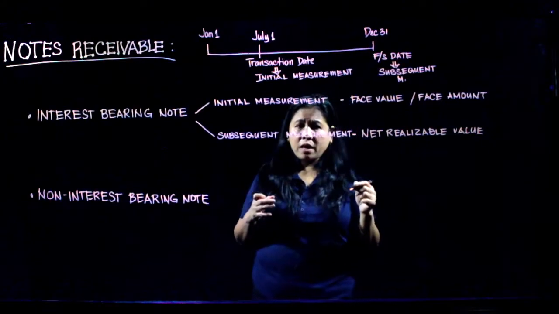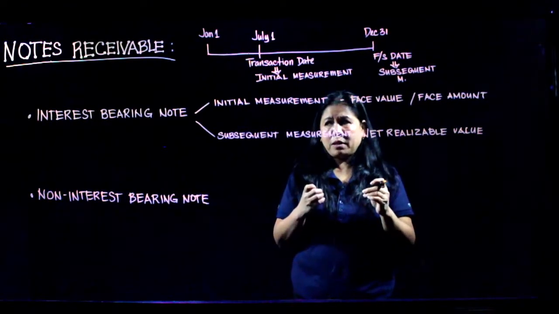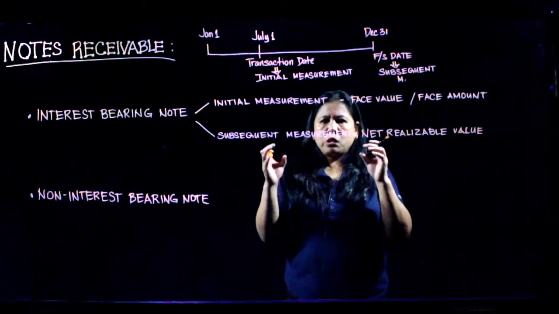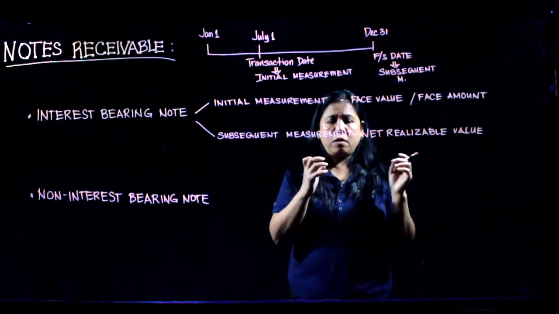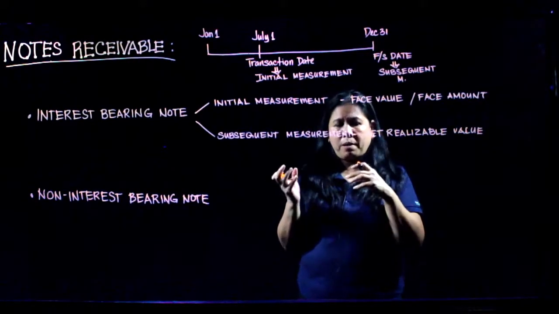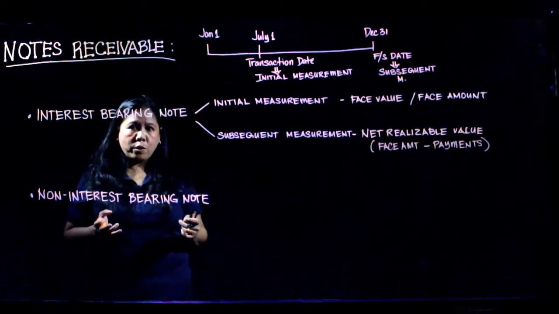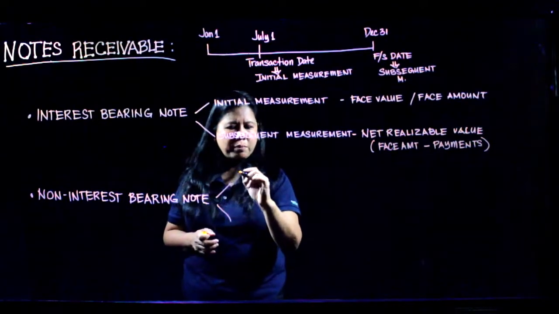The net realizable value is simply the face amount less all the payments made by the maker. Let's say installment payments, we subsequently measure the notes receivable at the face amount minus any payments made by the maker. On non-interest-bearing notes, we have our initial measurement and our subsequent measurement.